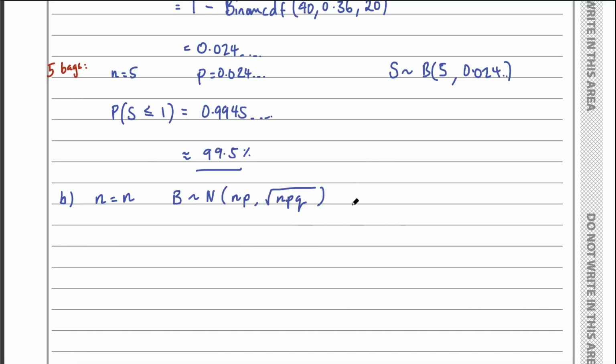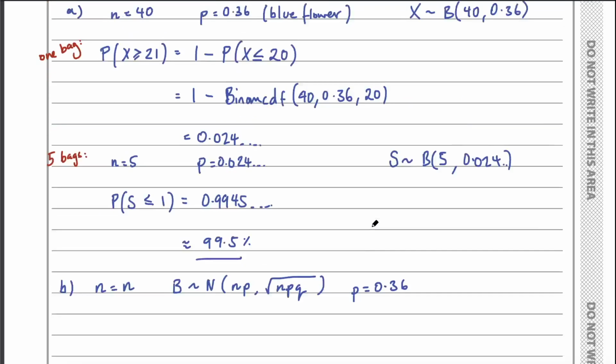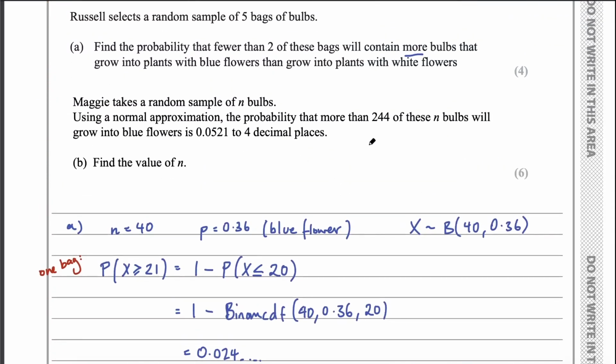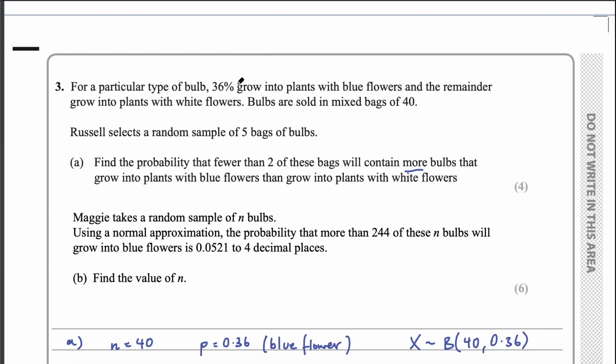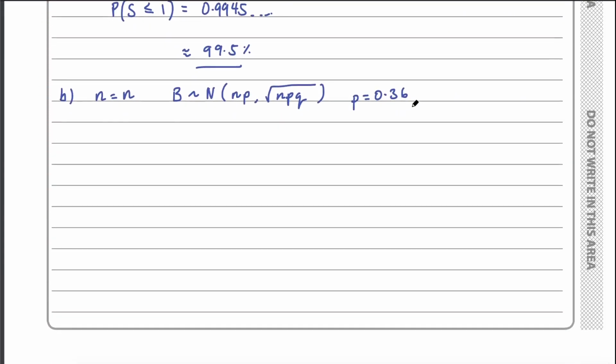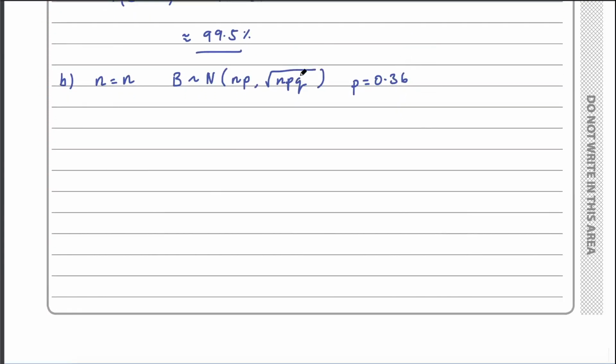So we still have a probability of success of 0.36, because again, go back to the question. We're talking about the probability of these bulbs growing into blue flowers. So 0.36 is still our probability of success. So p equals 0.36, and we need to reference q as well. q will be 0.64. So what does this mean? Well, our mean of this sample, let's call that x bar, is going to be 0.36n.